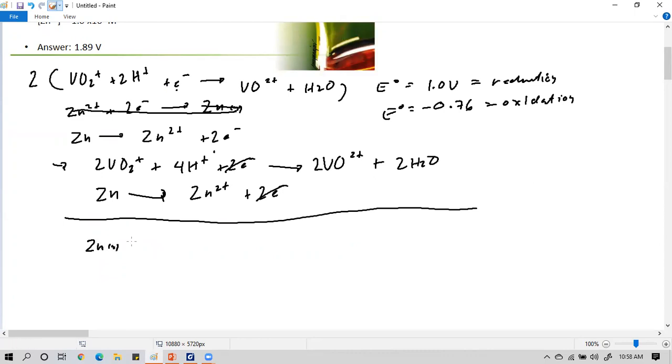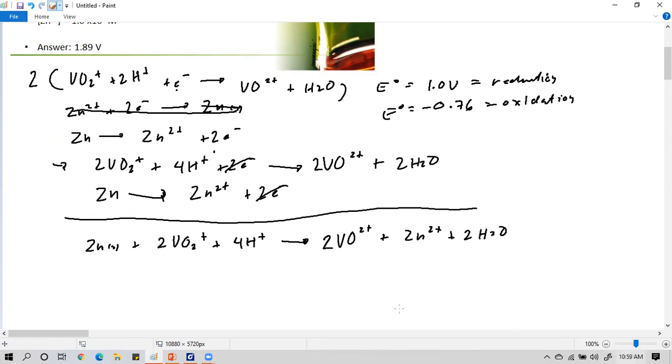So zinc solid plus 2VO2 positive plus 4H positive, or hydrogen ion, equals 2VO2 positive plus zinc ion plus 2 molecules of water. So these are here.